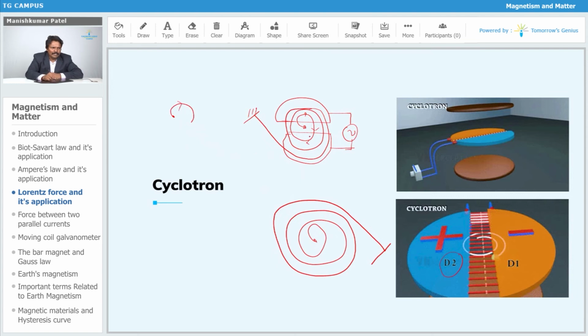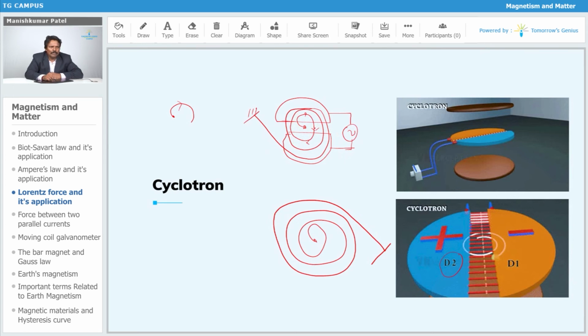It will alternately change, and the speed is going to increase accordingly. Here you have to place an external magnetic field, and there is also an external electric field.